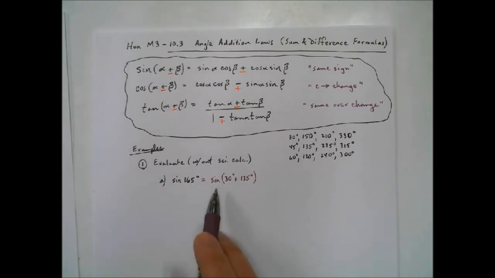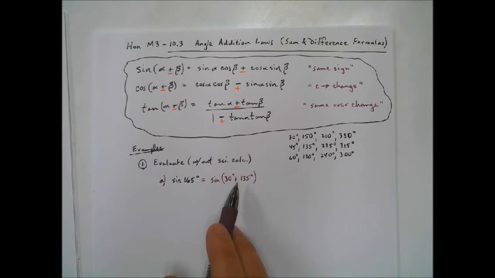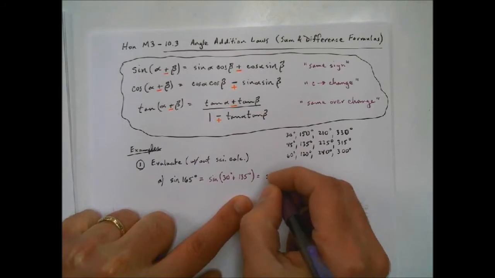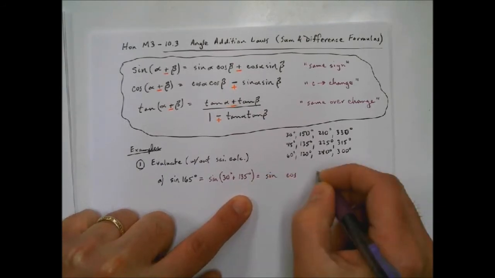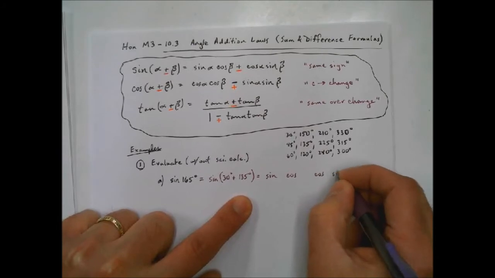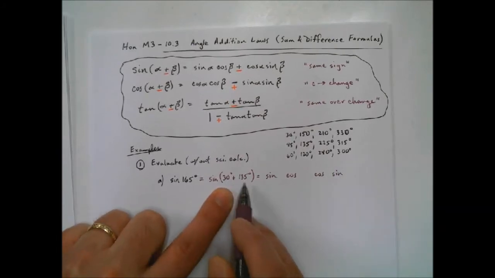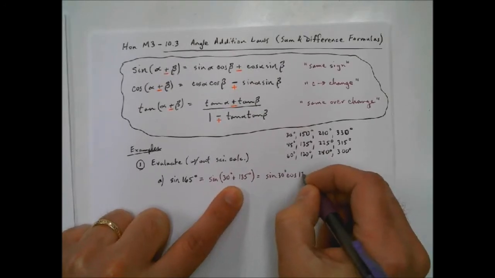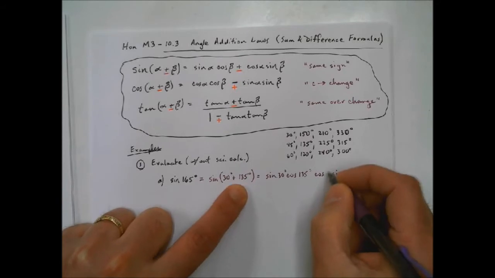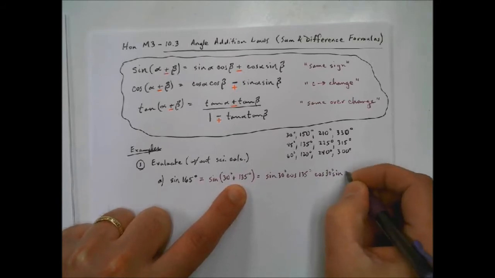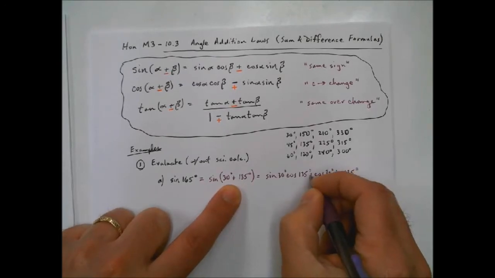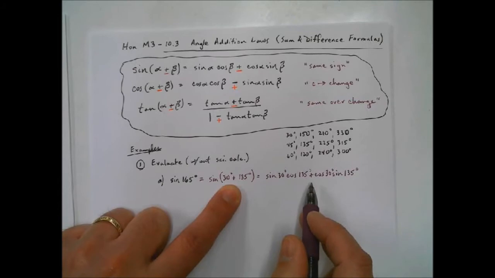Okay, so now I have it written as sine of angle addition, and so it's sine cos, cosine sine, with alpha and beta: 30 degrees, 135 degrees, 30 degrees, 135 degrees, and so there's a plus there in the middle between them.